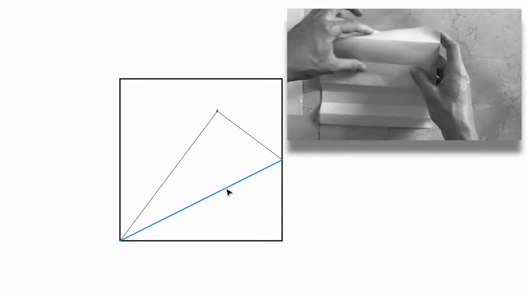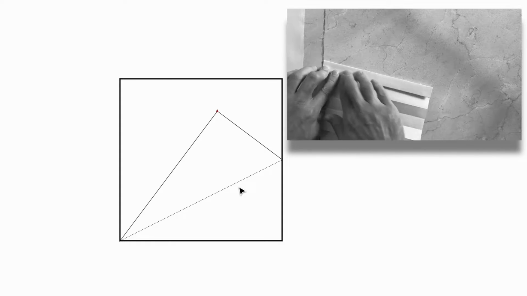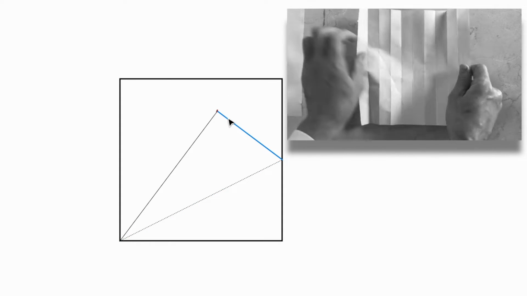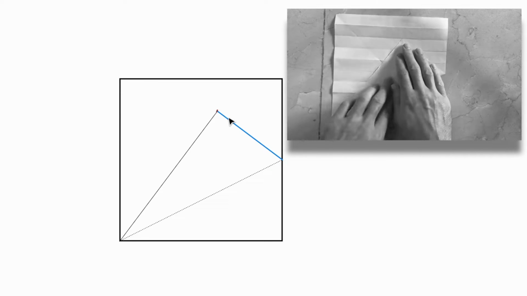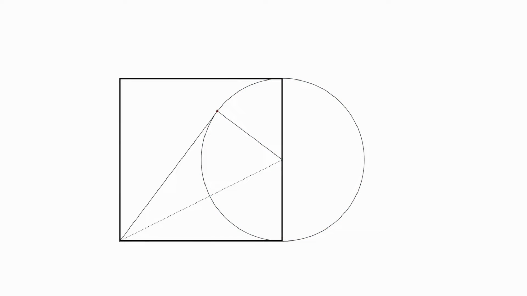We fold the sheet so that this right bottom corner ends up here at the intersection point of these two circles. A larger circle whose radius equals the side length of the square, and a small circle whose radius is half of the side length of the square.